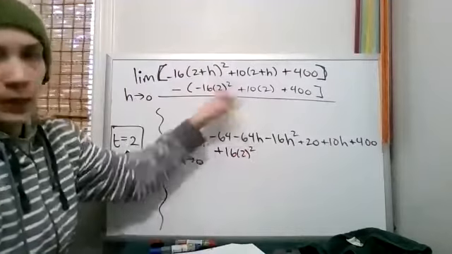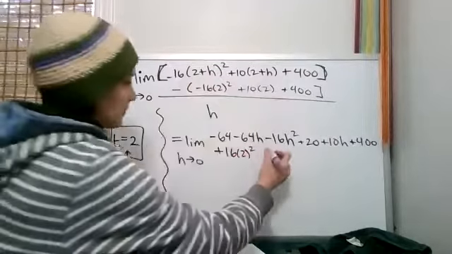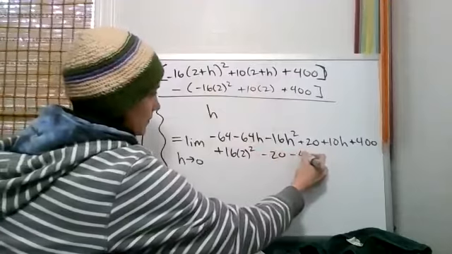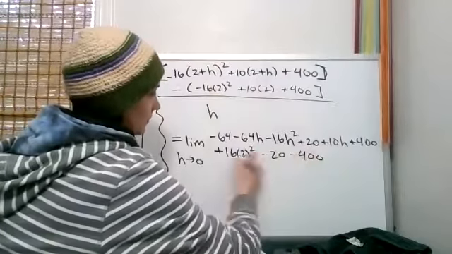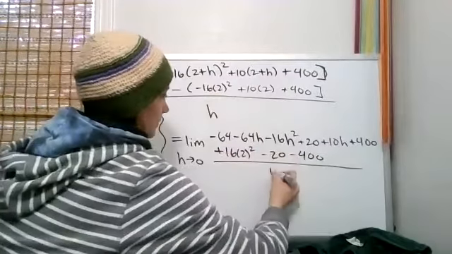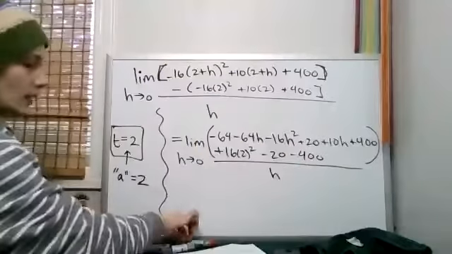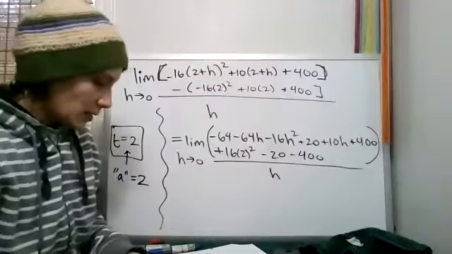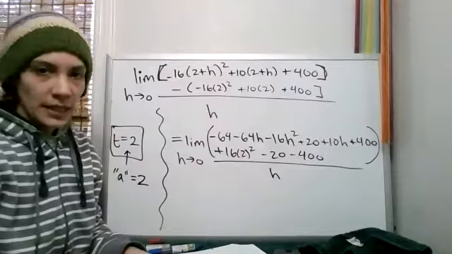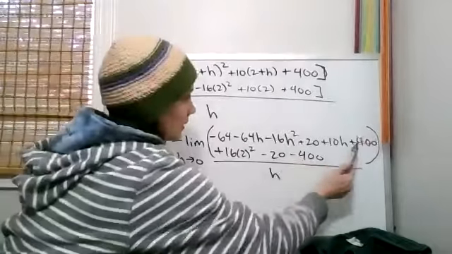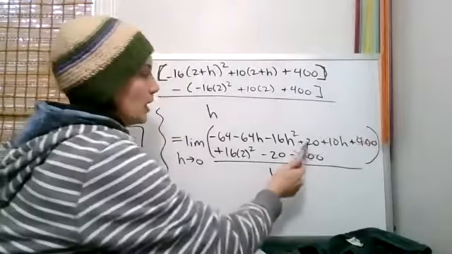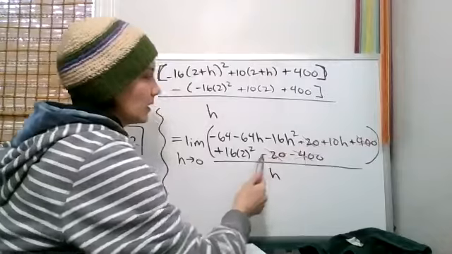Then minus 20 minus 400. And things canceled. So I've got a positive 400 and a negative 400. Positive 20, negative 20.